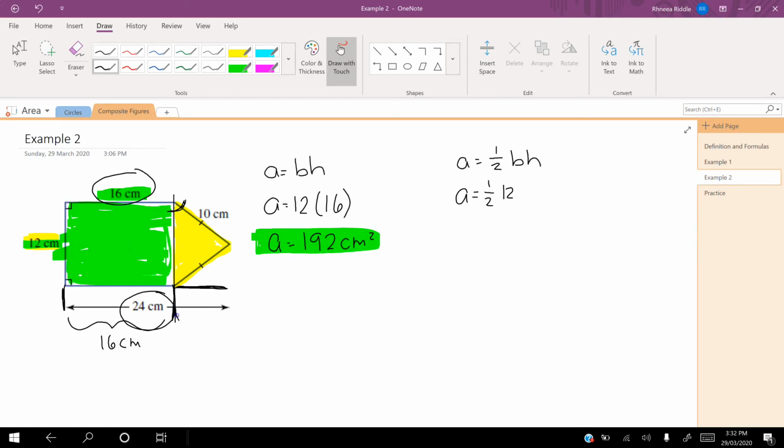And from here to here, that is an unknown amount. And the entire thing together is 24. We can take 24 and subtract 16 from it. And by doing that, we are able to find that this unknown piece is 8 centimeters long.